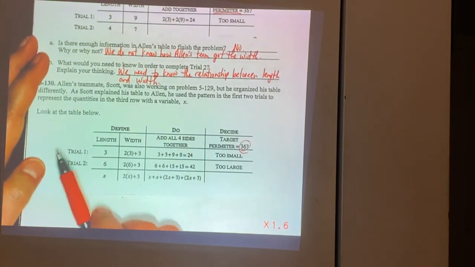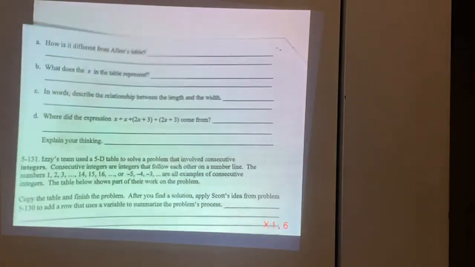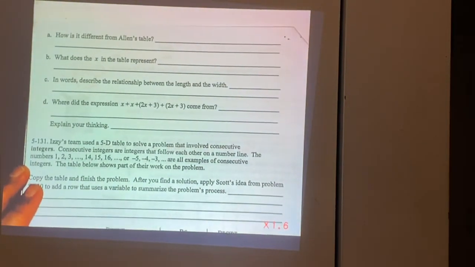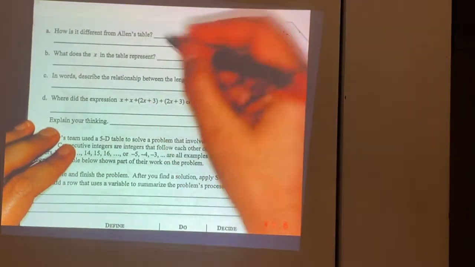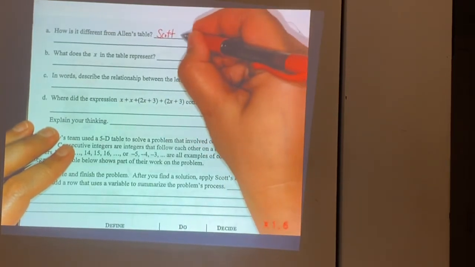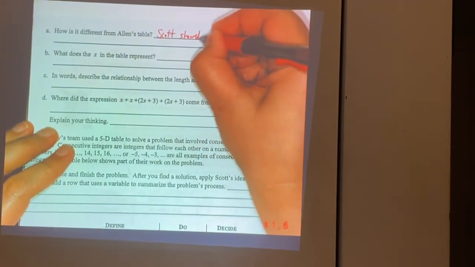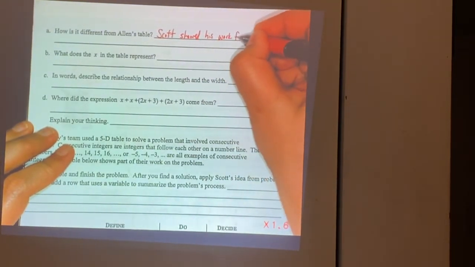Okay, hold on a second. To the next page. How is it different from Alan's table? Well, Scott showed his work for each width.